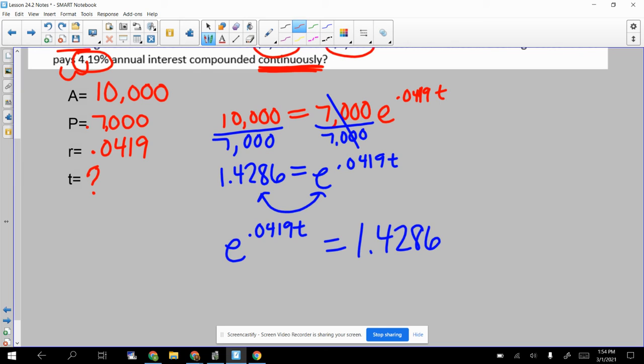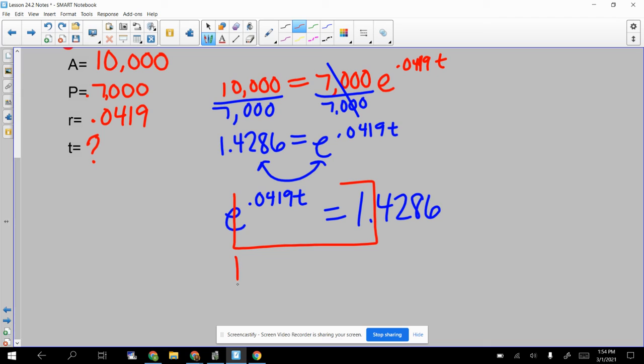Now we can convert. So we're going to do that. And remember, when you convert with this e, it's going to be a natural logarithm, base e, of 1.4286. So that's what you're going to be plugging into your calculator. And then it equals 0.0419t.